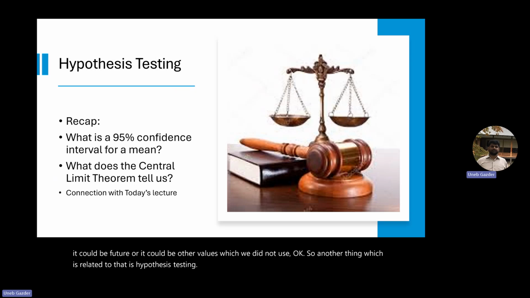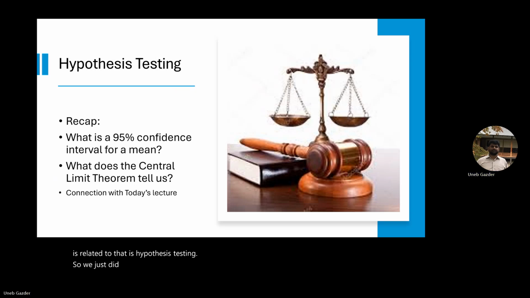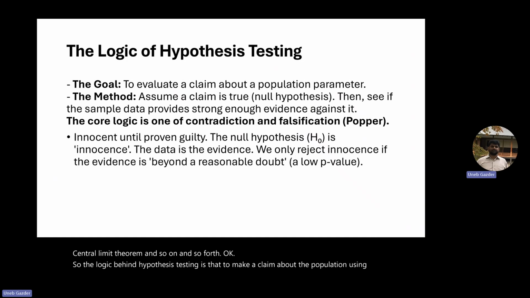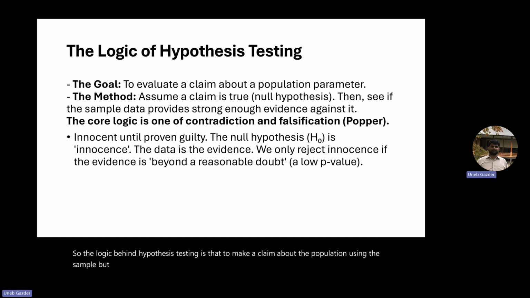So we just did it, central limit theorem and so on. So the logic behind hypothesis testing is that you make a claim about the population using the sample, but that claim also needs to be checked. We are saying it follows normal distribution. Something may have happened. Maybe you made a mistake.